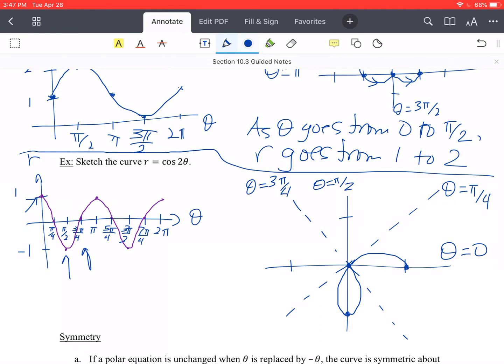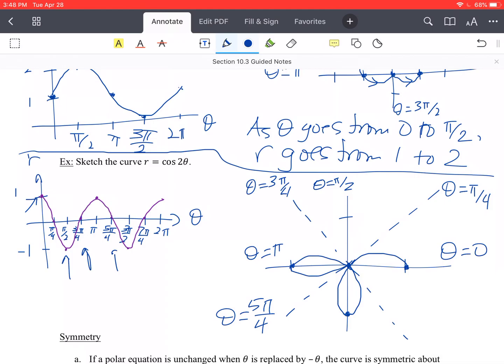Okay, and then at pi, we're back at 1, so that's out here. And then at 5 pi over 4, right, so that was pi. 5 pi over 4, we're at 0 again, so that brings us back to the middle.